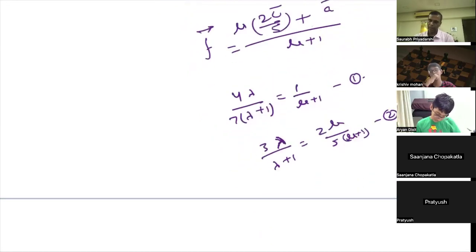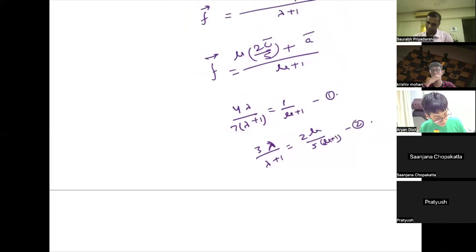When I divide both of these, I'm directly getting the value of mu. 2 by 5 mu is equal to 3 by 4.